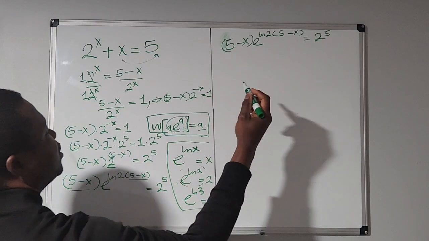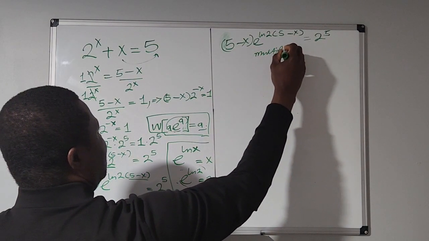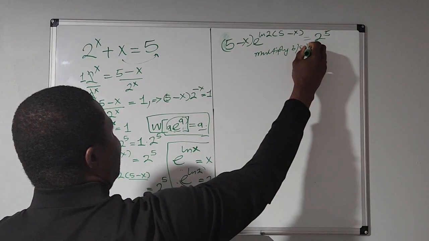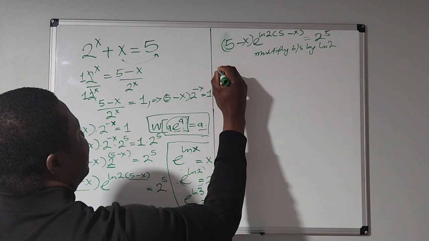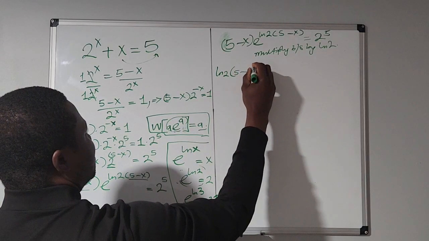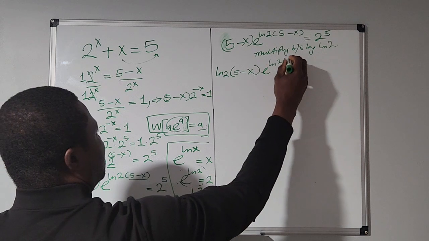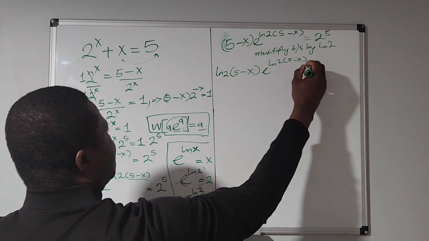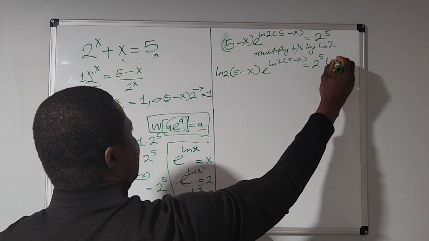So now if we multiply both sides by ln 2, we have ln 2 (5 minus x) e raised to power ln 2 (5 minus x) equals 2 raised to the power 5 ln 2.